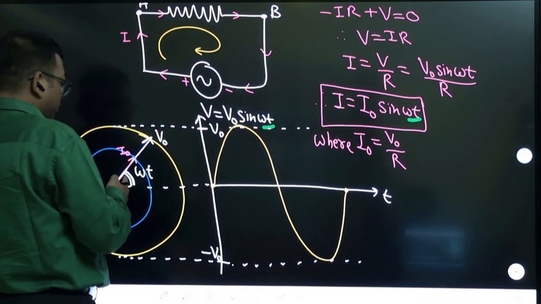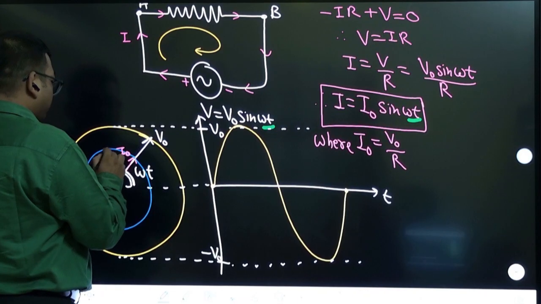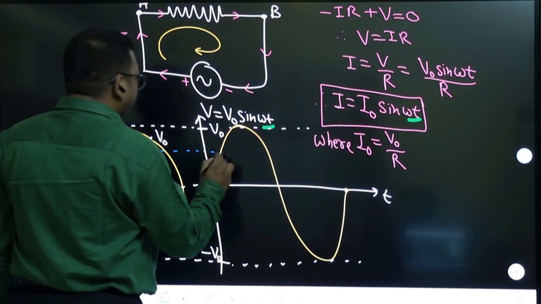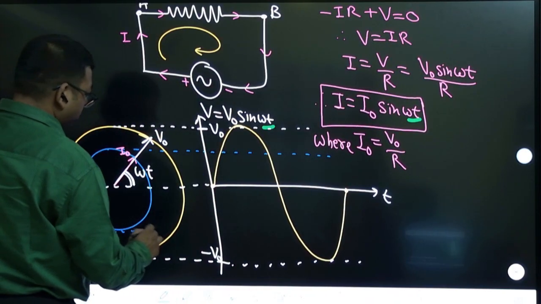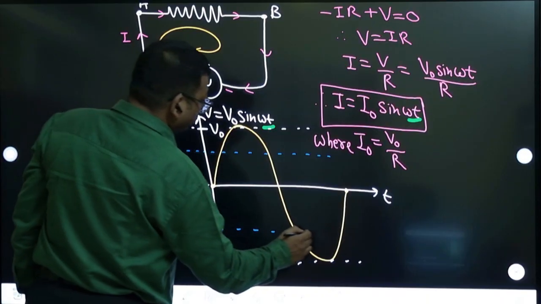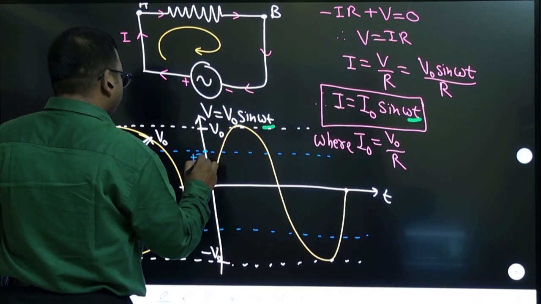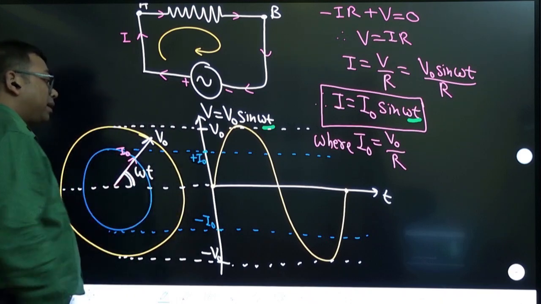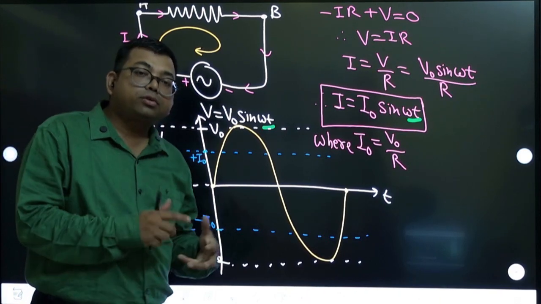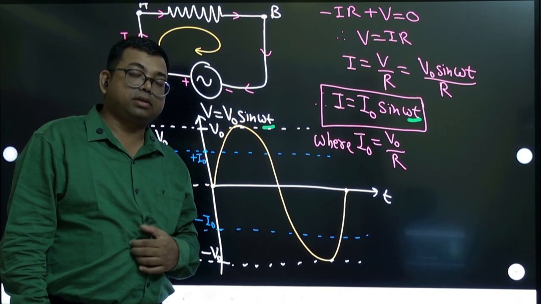Now let us draw this for current. Similarly, you can draw this line too. This line represents plus I naught and this represents minus I naught. Note that the same y-axis is used to represent two different quantities, depending on what you are studying.